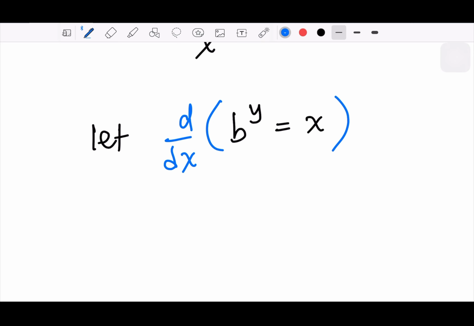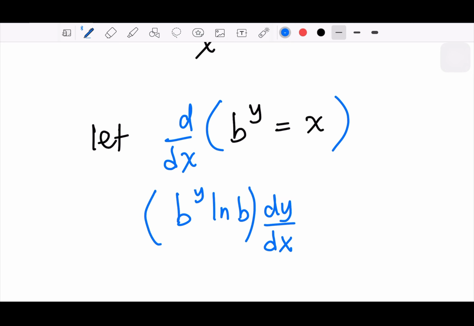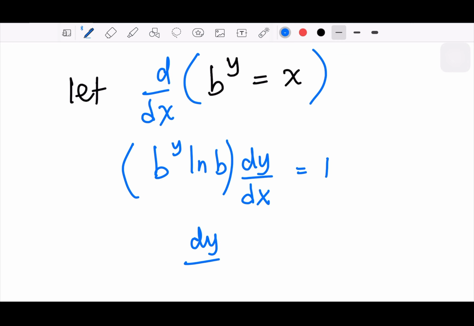So this will be b to the power of y, ln b, and then multiplied by dy over dx. Well, let me make a bracket. And x is equal to 1. And dy over dx will be equal to 1 over b to the power of y ln b.